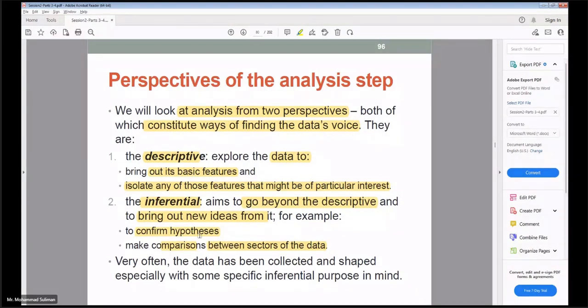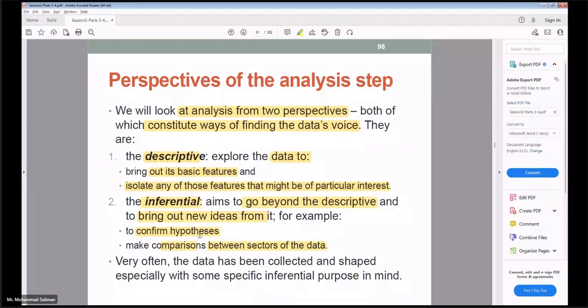To confirm this, we analyze the data and we find that yes, from the last 2 or 5 years of data, we can confirm that the sale is high in this month only because of the month of Ramadan, when people keep fasting. So we can make a hypothesis that when people keep fasting, there will be high sales of milk products, and that hypothesis also we can confirm here. So two perspectives of analysis, which are descriptive and inferential.